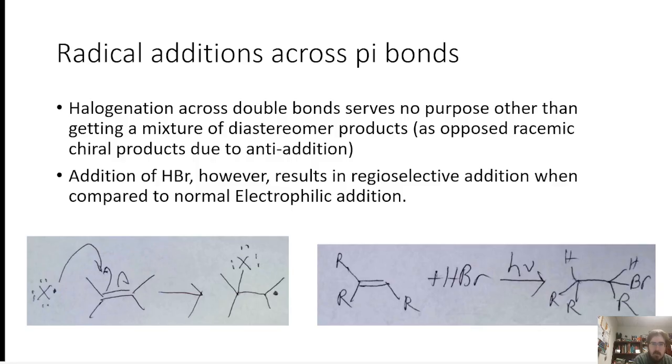So when you do double bond bromine addition, it's always going to be anti. So you're going to get RS or SR. But if you want RR and RS, or SS and SR, bromine radical across the double bond will get you that.